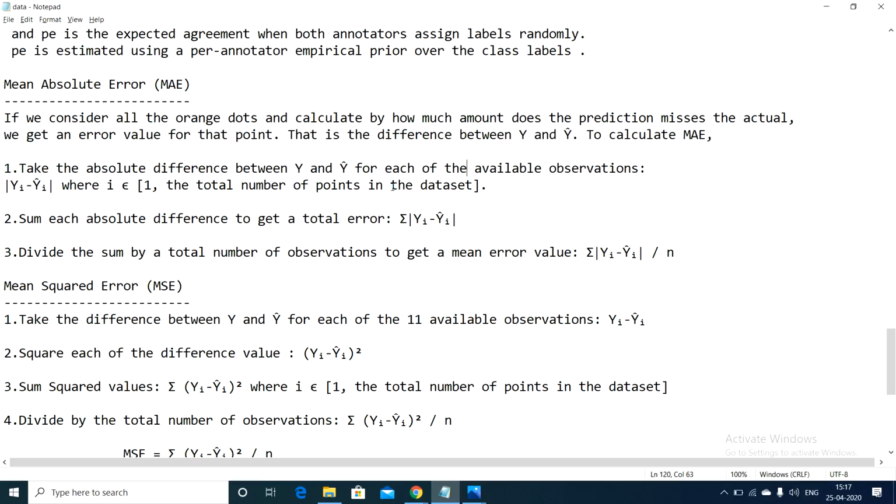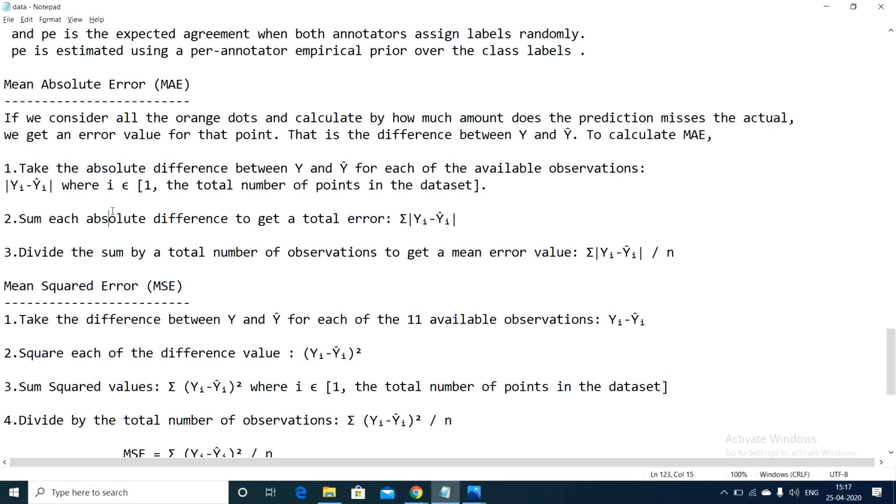In Python we might be using the ABS function. ABS doesn't want magnitude sign; if it is minus 0.5 or plus 0.5, ABS returns only positive values. That is what absolute means here, and that is what mean absolute error is telling us.